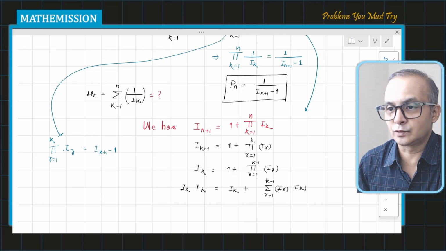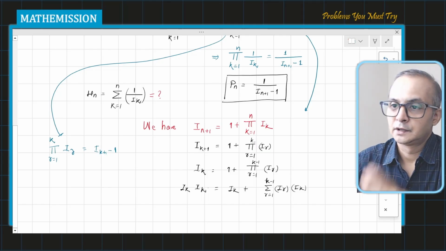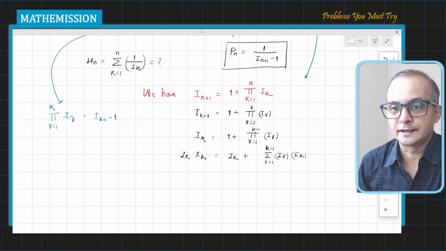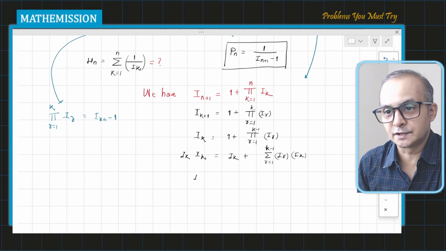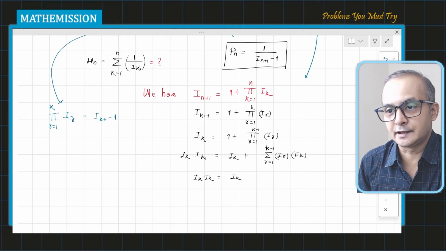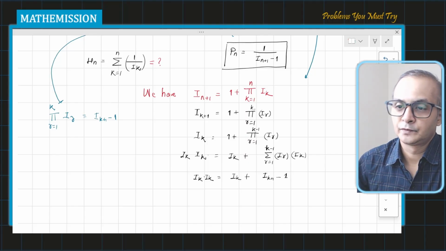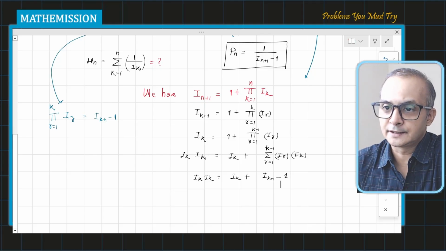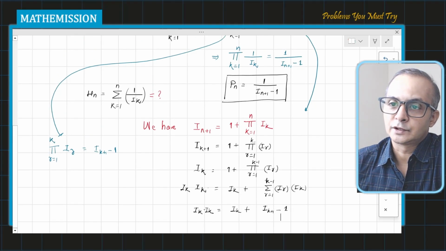So you can notice that whatever it was missing to get this k minus 1, we have, and then we can write this thing as i_k plus 1 minus 1. So let me just arrange it. This is i_k, and this is i_k again, and this is going to be i_k plus 1 minus 1. Now the whole idea is to write this thing as 1 by i_k.